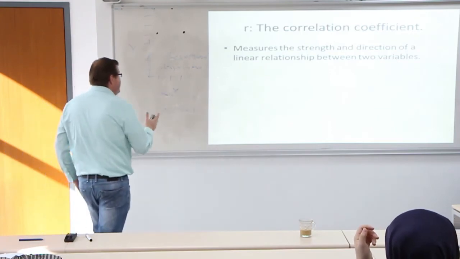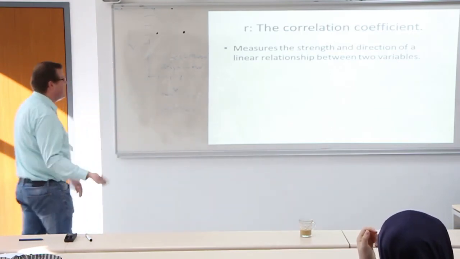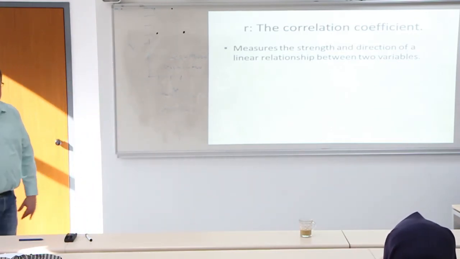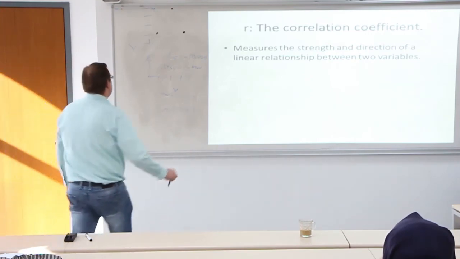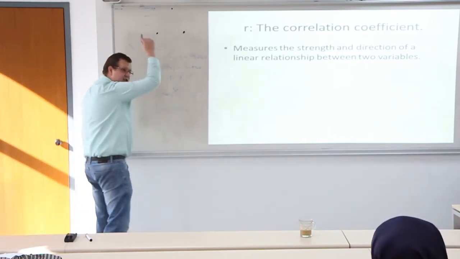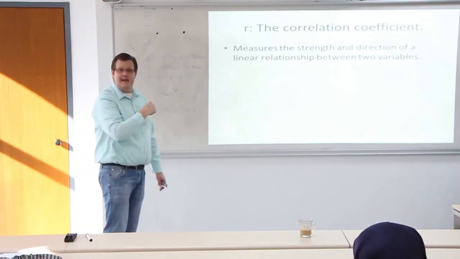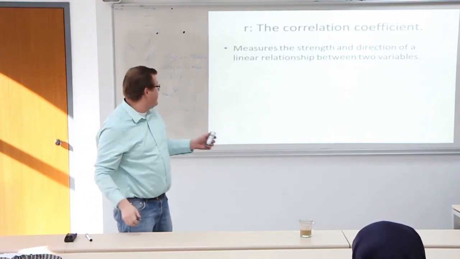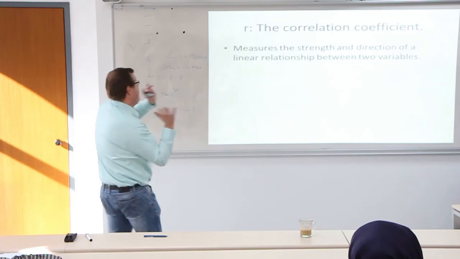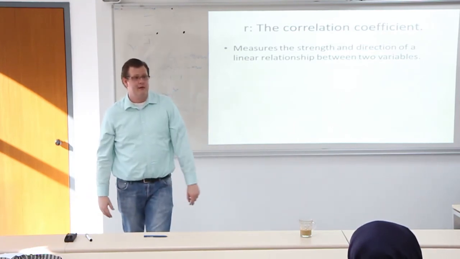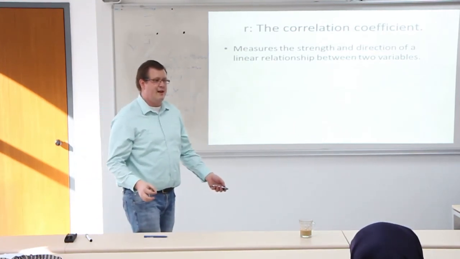It's a measure of the strength and the direction of a linear relationship. It was strongest when we had something on a straight line. If we don't have something exactly on a straight line, we won't get a perfect correlation, unless we're fitting some other type of data.